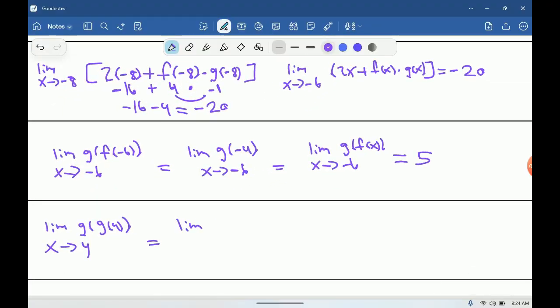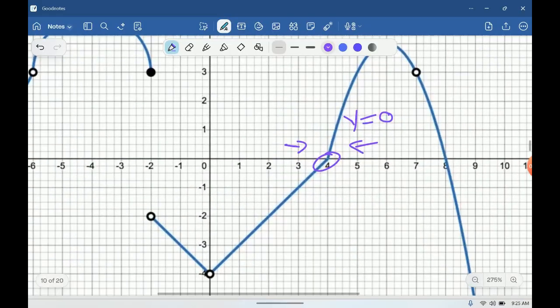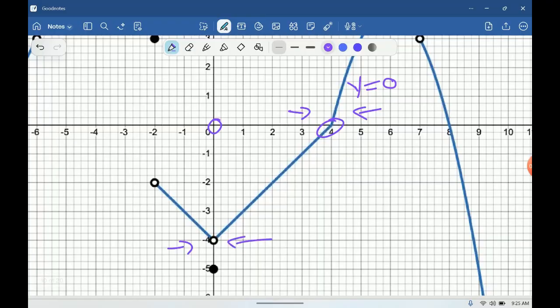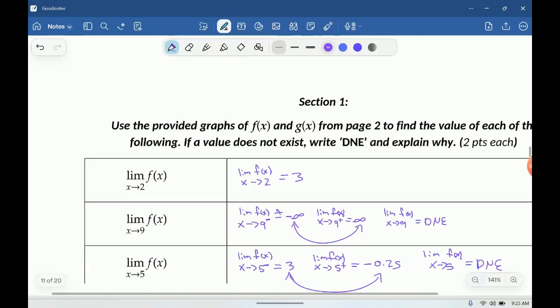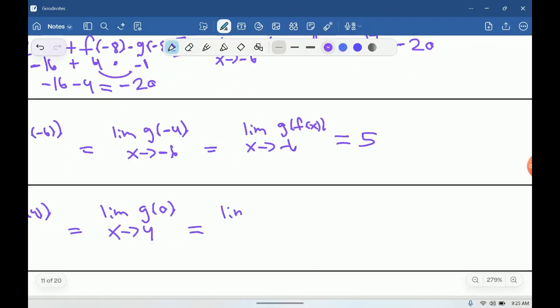Say the limit for g of 0 as the limit approaches 4. And then we have to find 0 on g of x. It's going to be right here. And we can see both limits meet at the same spot at y equals negative 4. So we would write that down as the limit of g considering g of x as the limit approaches 4 equals negative 4.